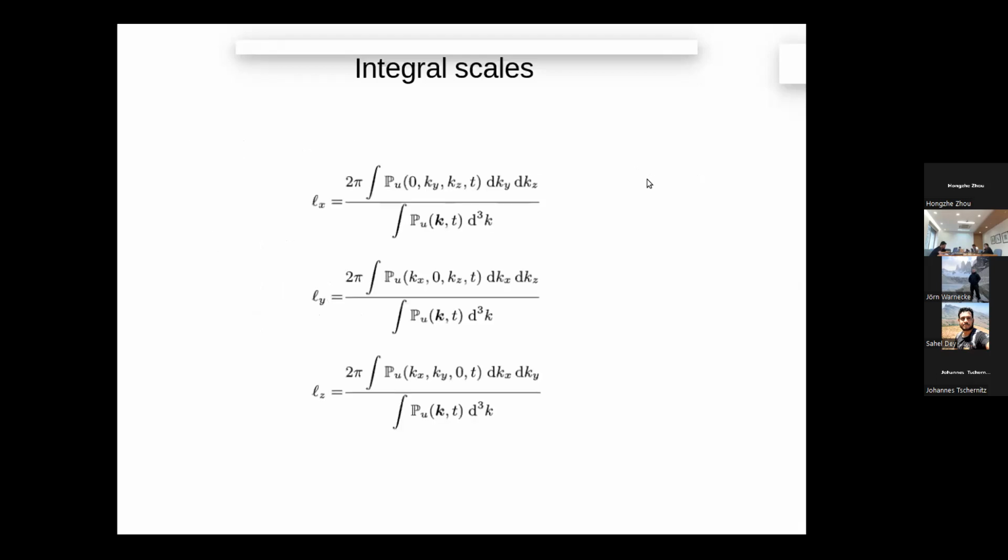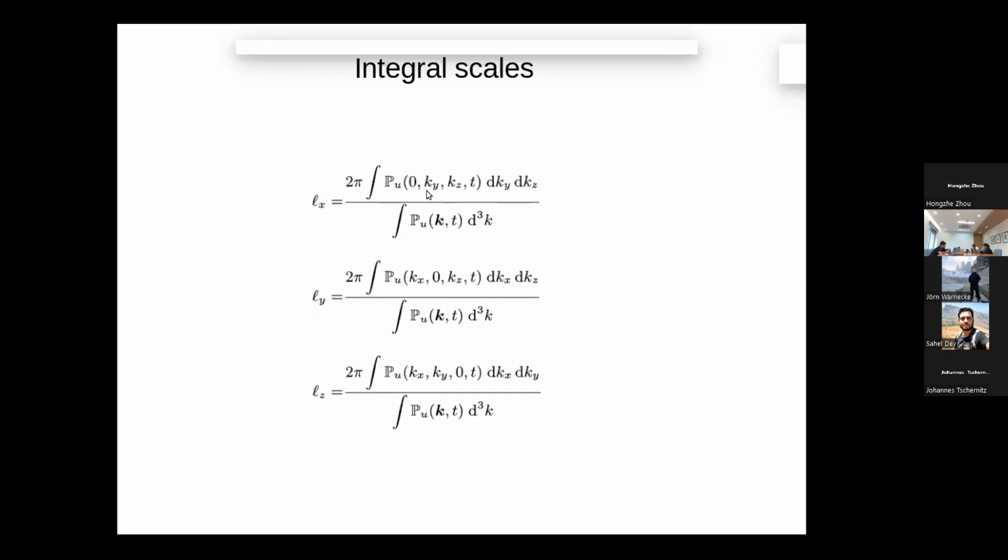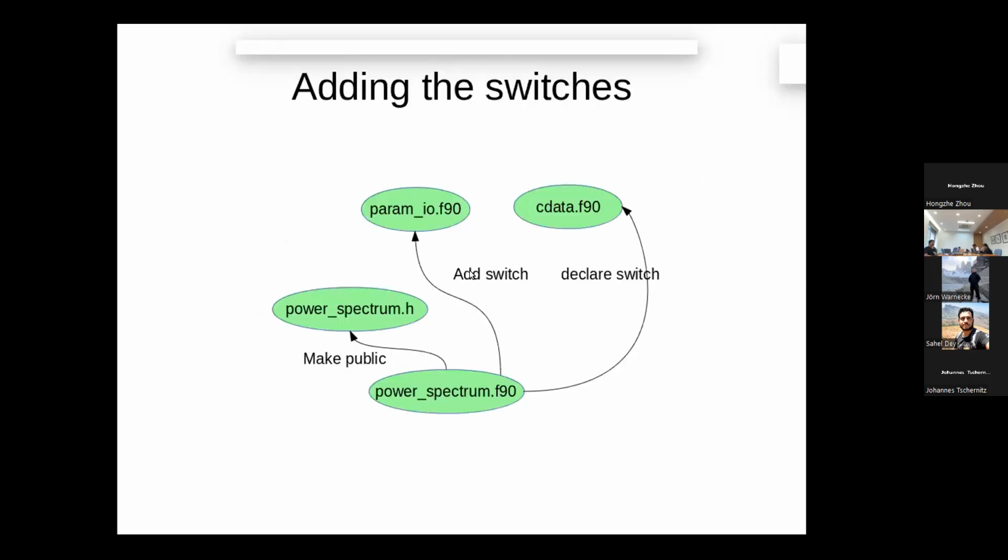So in the integral scale, these are the expressions if I write it using the power spectrum. Here it is just the average of the power spectrum over all scales. For Lx, I need to put kx equal to 0 and then sum over the other two directions, y and z. Okay, so now let's see how this is to be implemented.